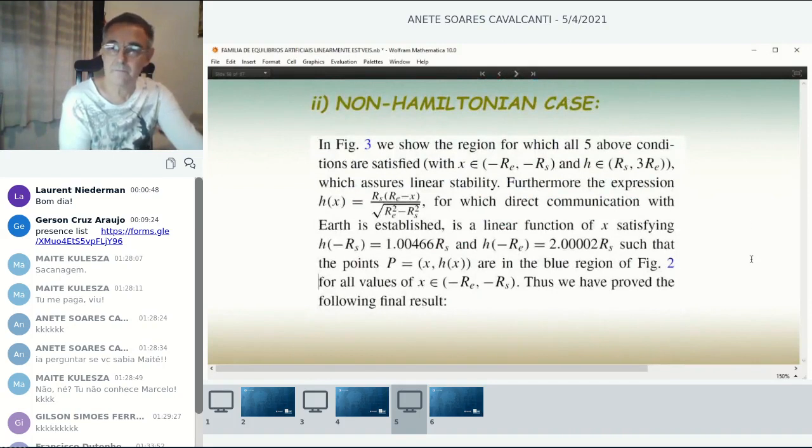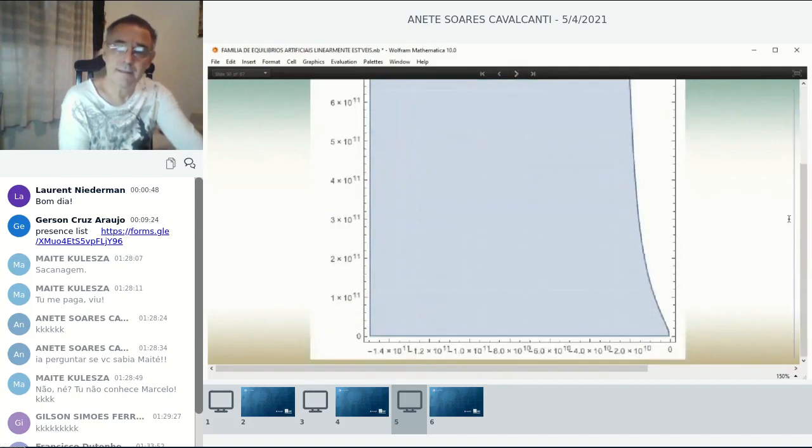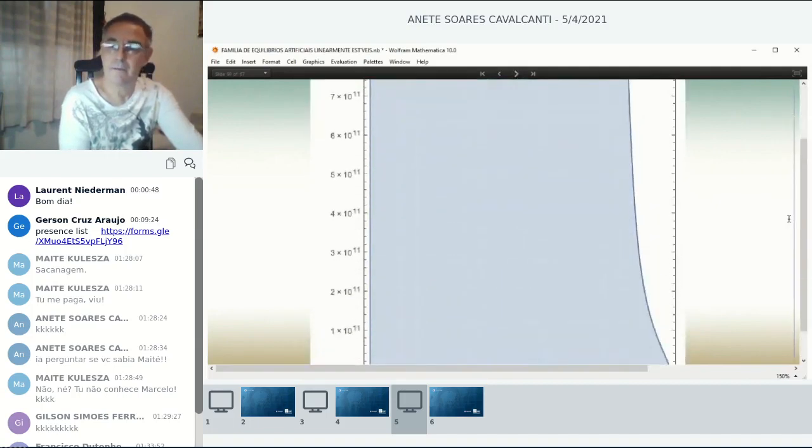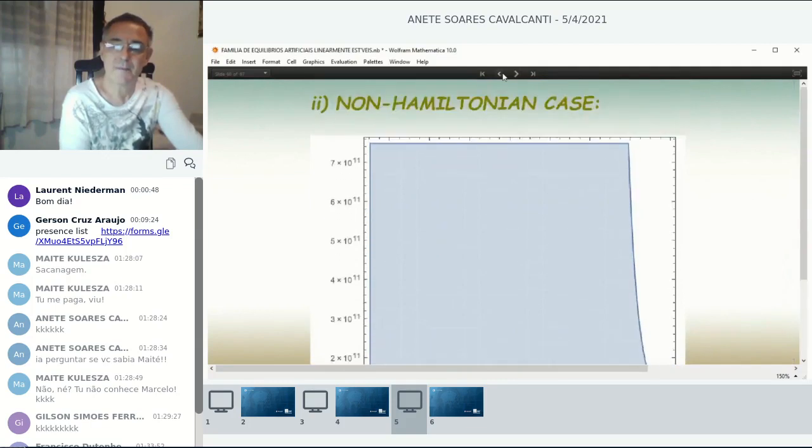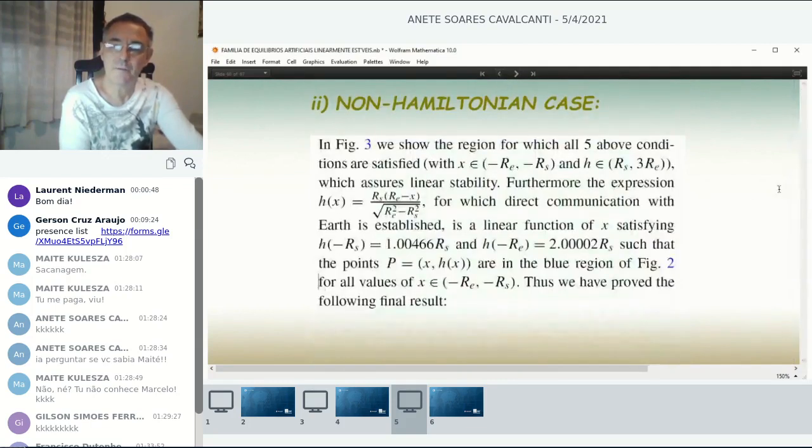And in the next picture, but before that, I will read here the main conclusion of the work. Let's see, figure 3 is this one. This represents the region in which all those conditions for the use of the Sturm theorem are satisfied.